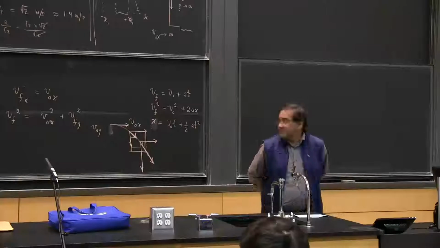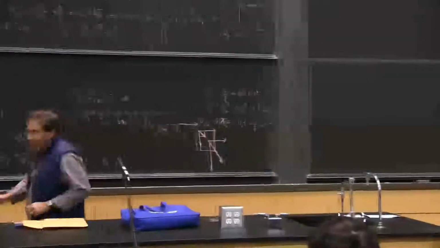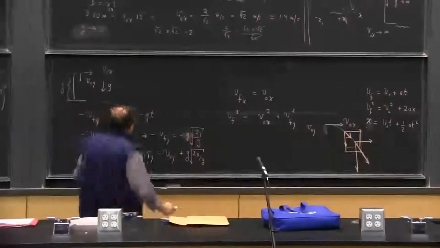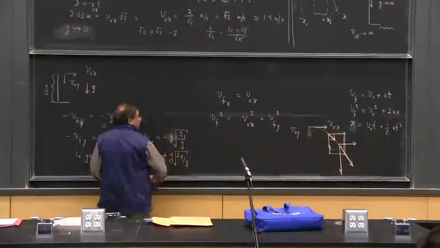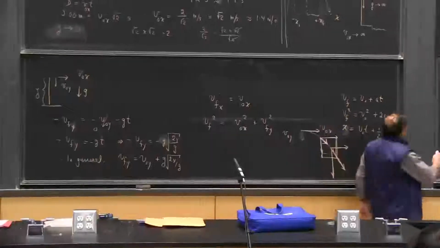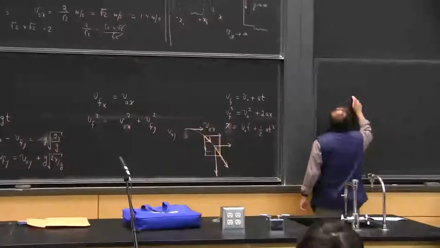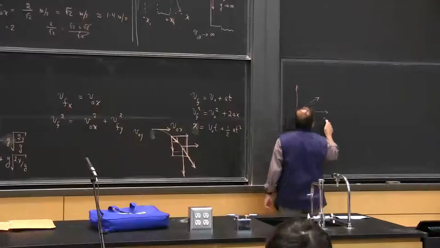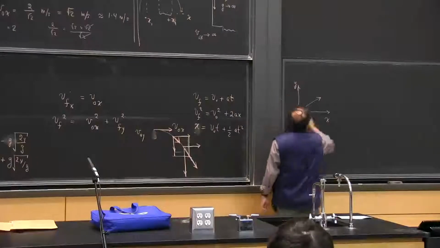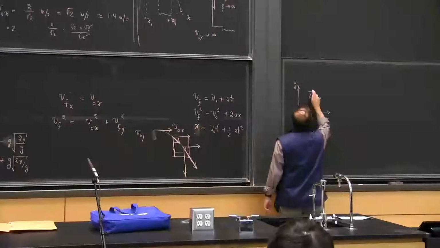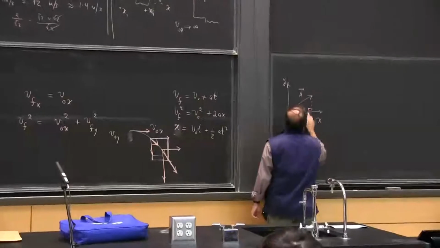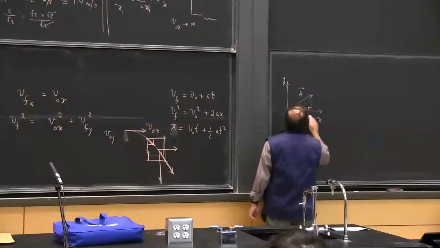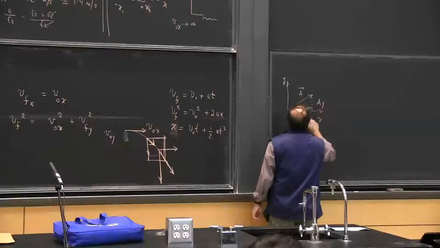What did we do when we were algebraically adding vectors? Let me go here. We had a vector like this, and then we had an x-axis and a y-axis, right? Let's say this vector is A, and then I dropped a perpendicular, so this became Ax and this became Ay.